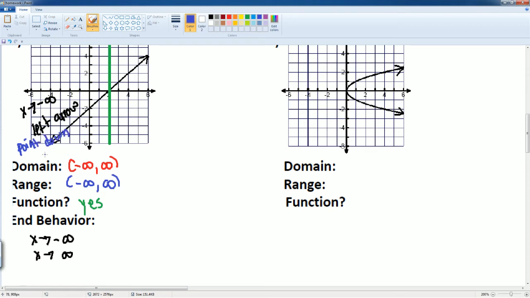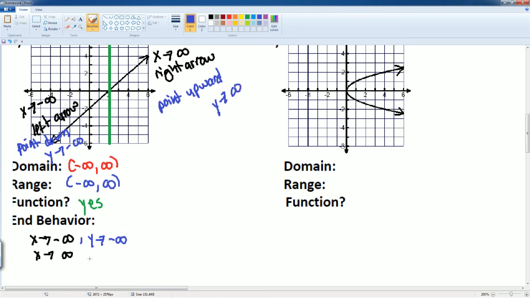That is when y goes to negative infinity. Then the right arrow is when x goes to positive infinity, and this will point upwards. When it points upwards, that is when y goes to positive infinity.